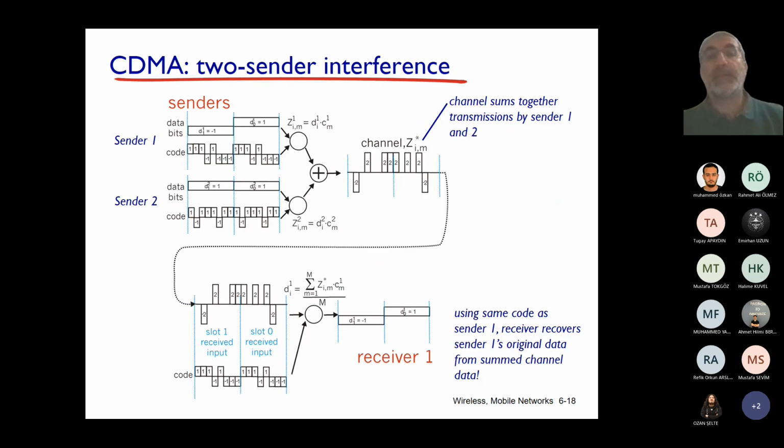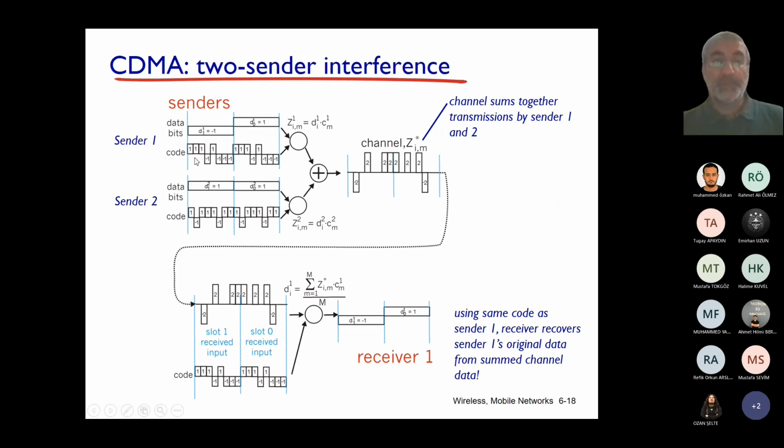So let's look at the case of two senders, to see the interference effect. Sender 1 is from the previous example. Sender 1 is trying to transmit bits 1 and 0, and sender 2 wants to send bit 1 and bit 1.